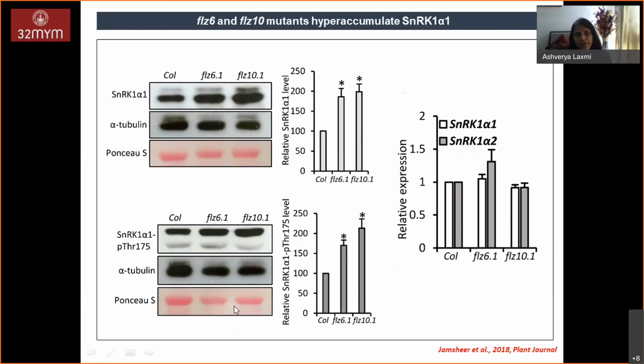To check that, we looked at Snrk gene expression as well as the protein stability within these FLZ mutants. Although the expression was almost similar in wild type and the mutant plant, the Snrk protein stability was greatly enhanced in these mutants. Not only Snrk stability, but the activated Snrk, the phosphorylated form of Snrk, was also greatly enhanced in these mutants.